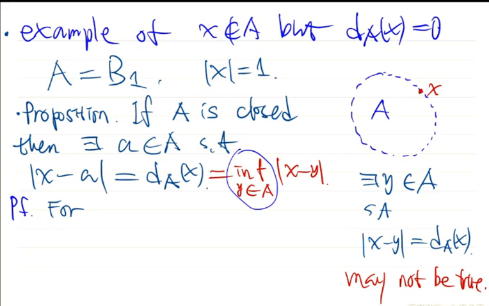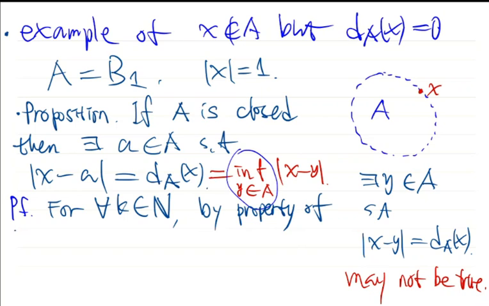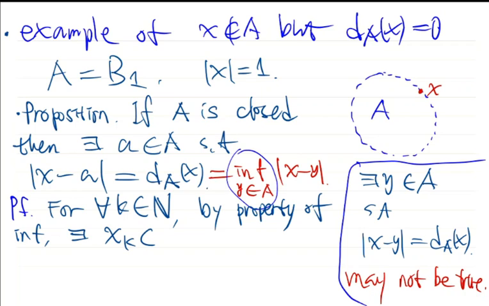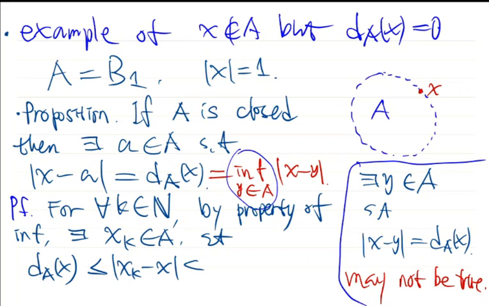For any integer k, by the definition or property of infimum, there exists a point, say xk in A, such that the distance from xk to x, of course, is not less than dAx, but not greater than the infimum plus 1 over k, because the infimum is the greatest lower bound.